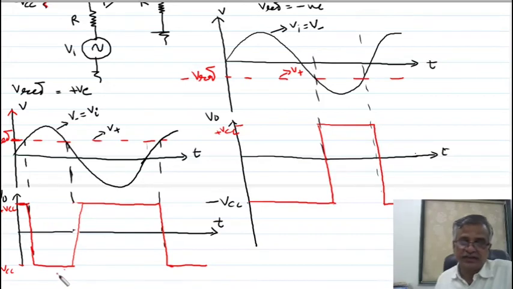Remember again, if the switching time is comparable to or higher than the time period of the input signal, then this is noticeable. For this, let me discuss one small MCQ type numerical.